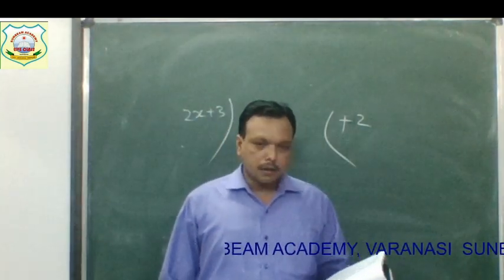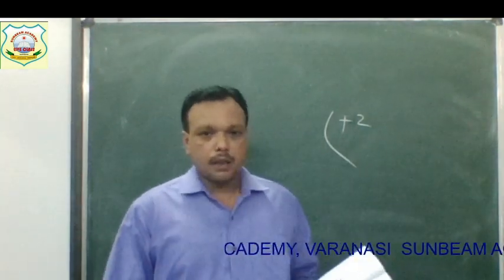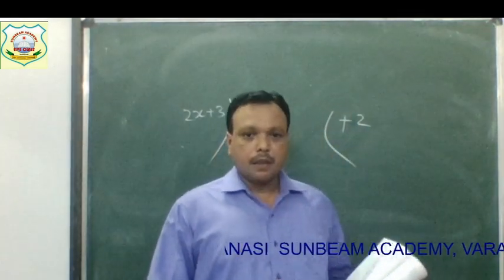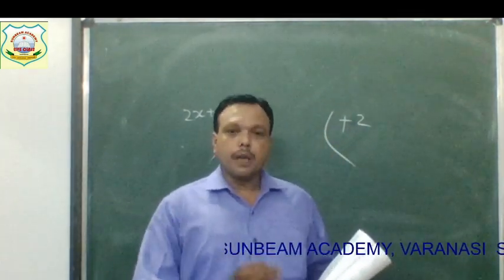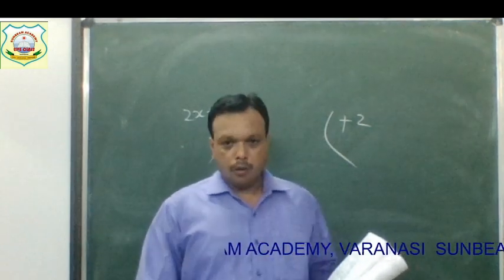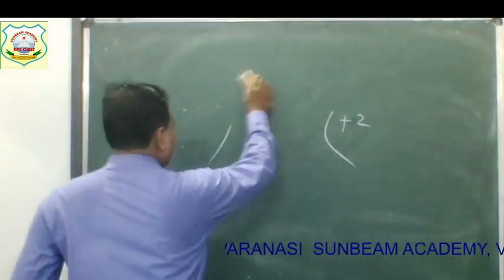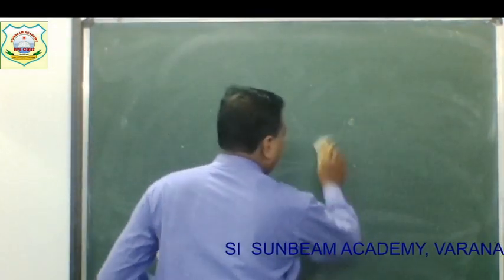Okay, so students, whatever you have done at that time is completed. Now how to prove the identities, we will see now, all three identities. Students, let us see. First I am writing here the three identities we will use.